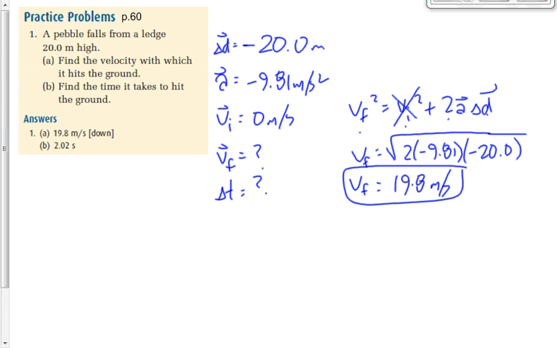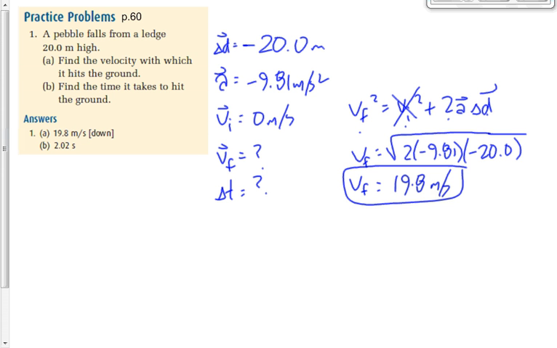Why didn't I get a negative? Does that mean the answer I got is 19.8 upwards? Yep. I didn't solve for velocity, I solved for speed. But that's okay. We need the direction technically because we're asked for velocity.